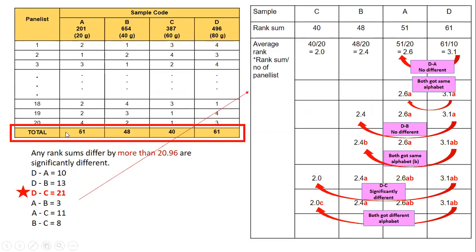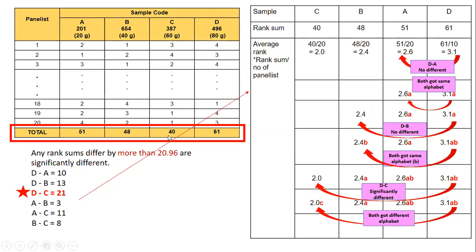From here, you need to divide it by 20 to get the mean. But before that, you need to rank first. Rank the highest, followed by A, followed by B, 48, followed by C, and then you divide to get the mean value.